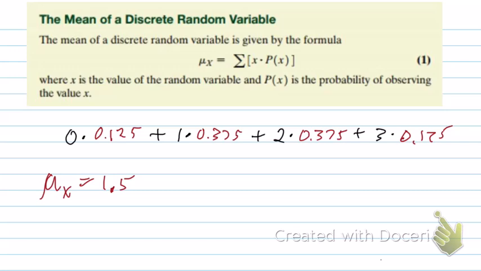Here's the definition for you. This is also known as the expected value. Has a lot of real world implications. So if I say the mean of this random variable, or I say the expected value of this random variable, they both mean the same thing.